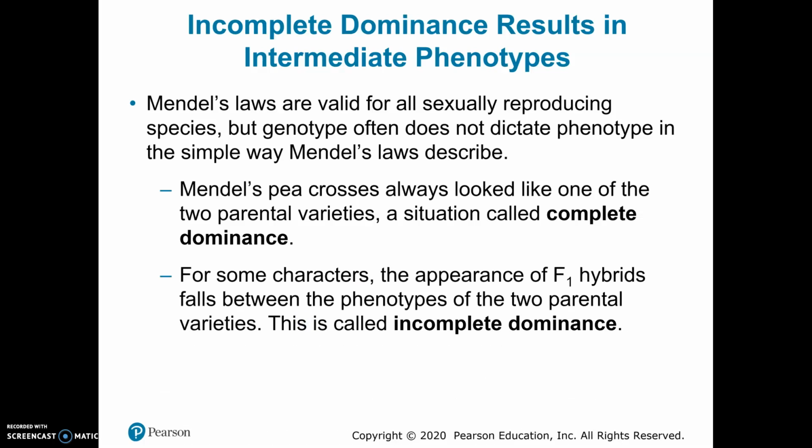But in some cases, you have F1s, the hybrids, the ones from the 2 parents, and you get a characteristic that's in between the 2 parents. And this is called incomplete dominance. Now, again, understand, if a trait shows complete dominance, like Mendel's pea plants, and the plants could only be tall or short, you would only ever get tall and short.